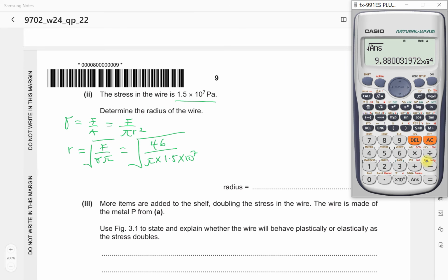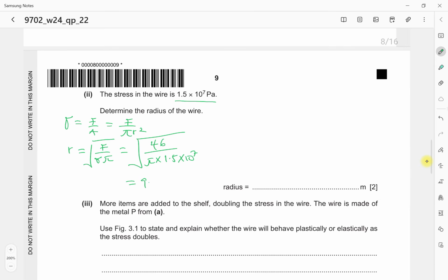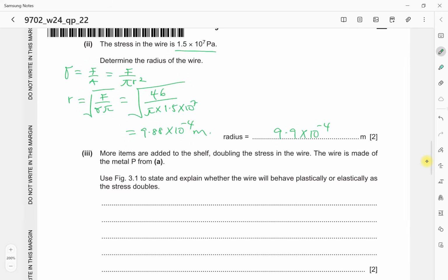So that is 9.9 times 10 to the power of minus 4, or 9.88 times 10 to the power of minus 4 meters, or I will just say 9.9 times 10 to the power of minus 4 meters. More items are added to the shelf, doubling the stress. So the stress is going to be 3 times 10 to the power of 7 pascals.